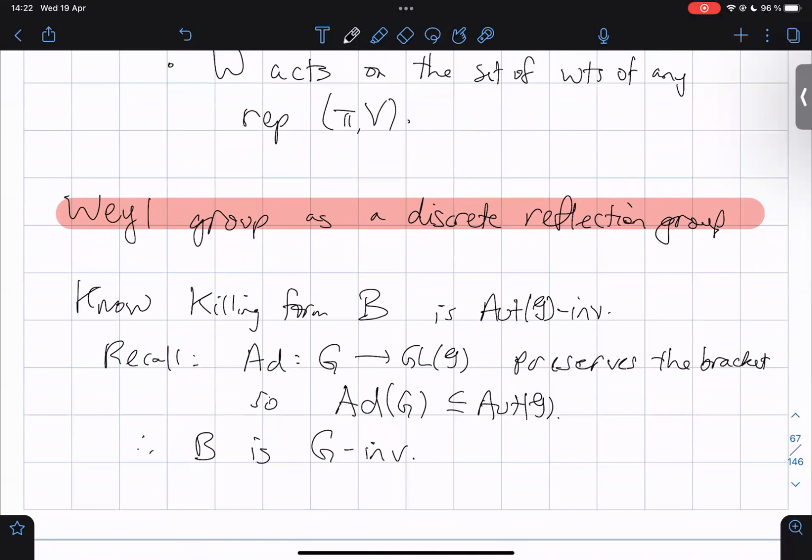B is a bilinear form on g, and all of that geometry on the space of roots and everything came from not the full B, but rather its restriction to H. So we considered the restriction of B to H, and B being G invariant will tell you that this is W invariant.